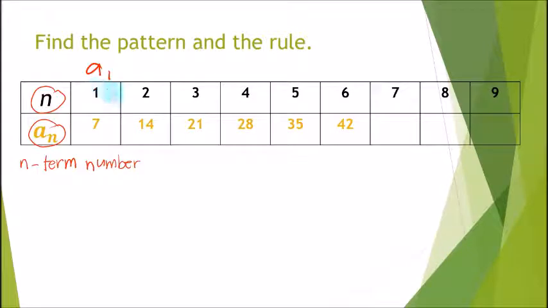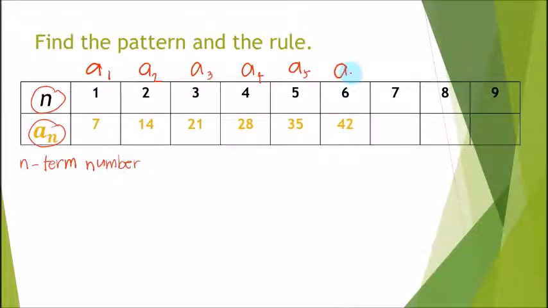If our n is 2, then 14 is our second term or the a sub 2. 21 is our third term or a sub 3. 28 is our a sub 4 or the fourth term. 35 is our fifth term.